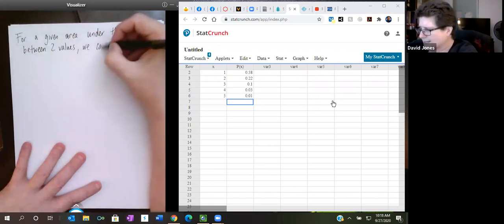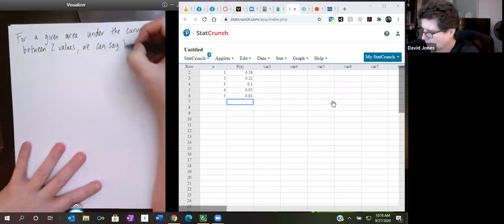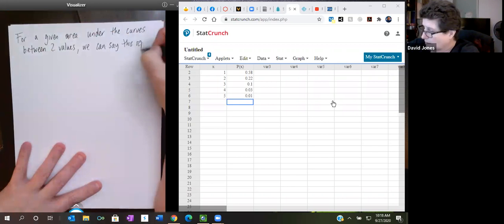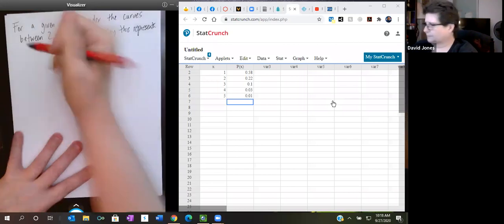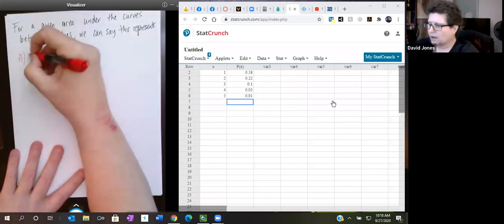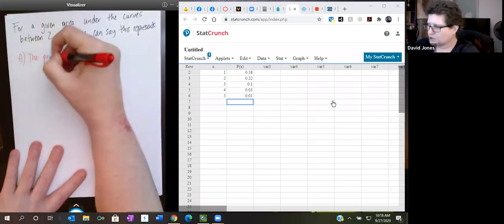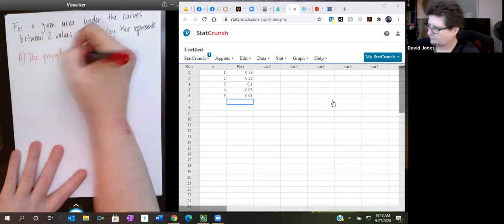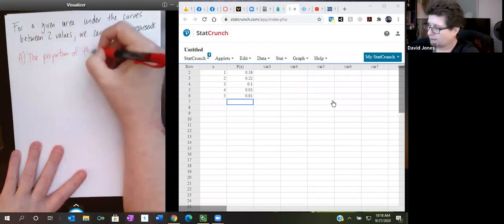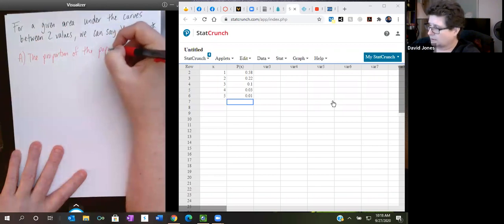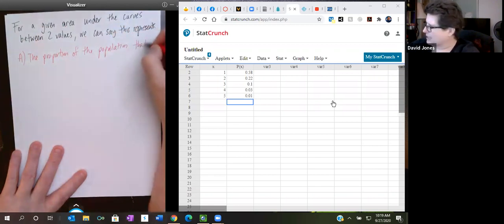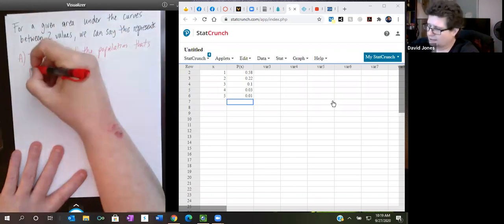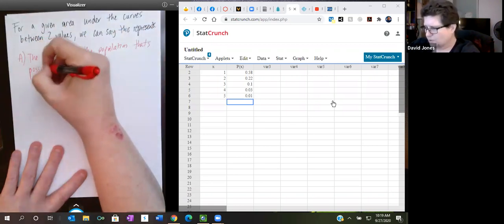We can say this represents, it can be written two ways. A, the proportion of the population that possesses a specific trait or characteristic.